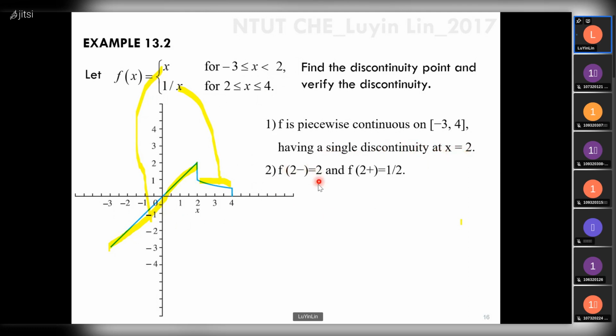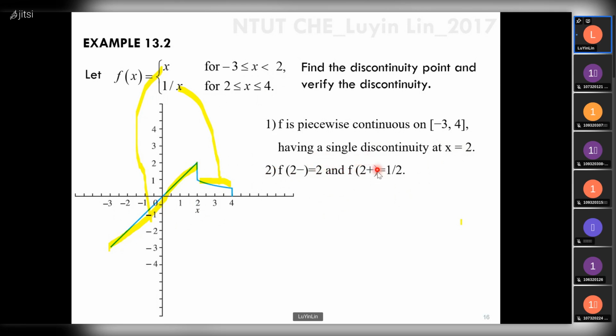How to verify? Please look at this one and this one. What is f of 2 minus? f of 2 minus means you go from the left; this point is x equal to 2. You go from here to here. From the negative side approaching 2, you will find the answer 2 here.